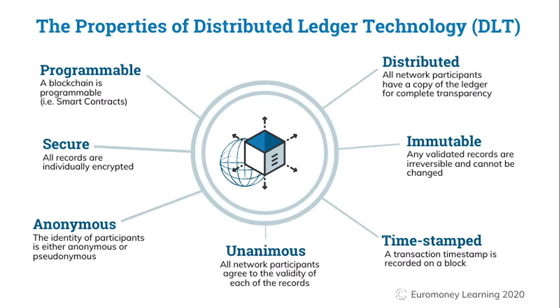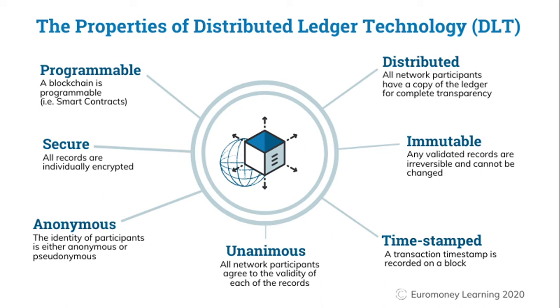So, what are the properties of distributed ledger technologies or blockchain? First, it should be programmable. It should be secure: all records are individually encrypted. It should be anonymous: the identity of participants is either anonymous or pseudonymous. It should be distributed in nature, which means all network participants have a copy of the ledger for complete transparency.